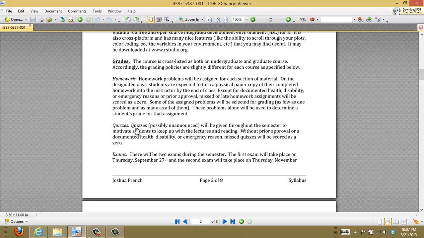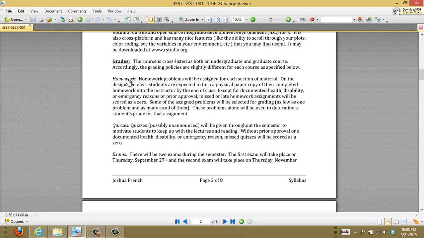I don't want an email with a PDF or an email with a Word file or some other file, unless I specifically state that. What I want is a physical hard copy of your homework problems. And I will say that unless you have some documented emergency, health reason, or disability, if you turn the assignment in late, you're not going to get any credit for it. So please make sure that you turn your assignment in on time.